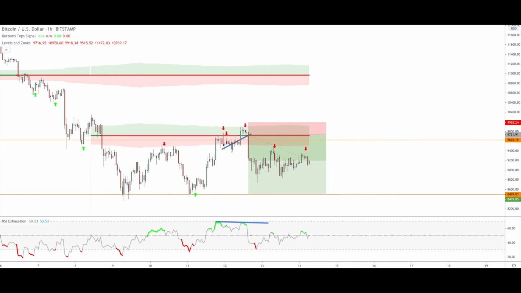There are times and situations, that I made videos about and will make videos about, where you place a trade and then the price within 1, 2, 5 candles just goes to target.